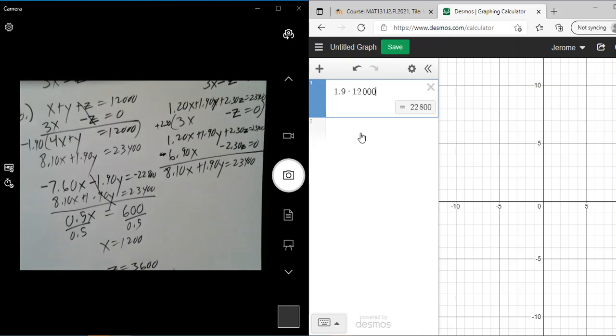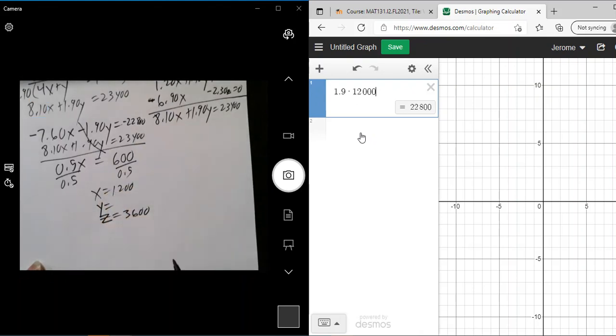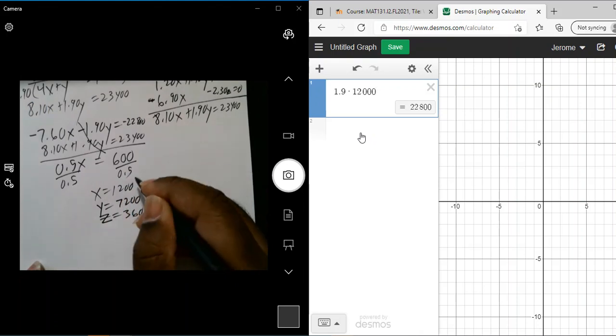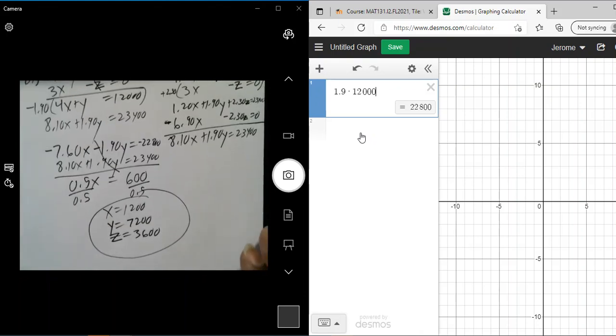So we have X and Z. So X plus Z is 4,800. Subtracted from 12,000, that'll be 7,200. And this would be our final answer. And of course, you could go back and check that.